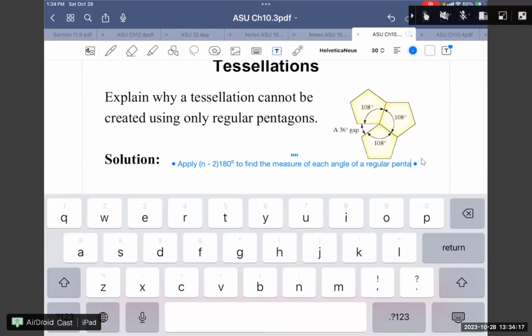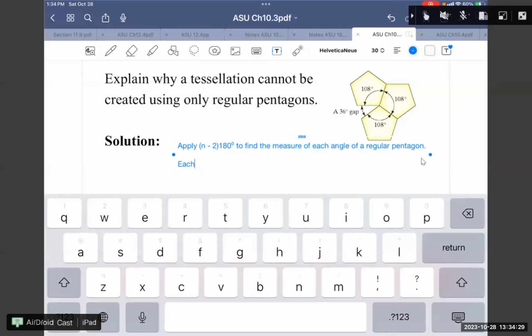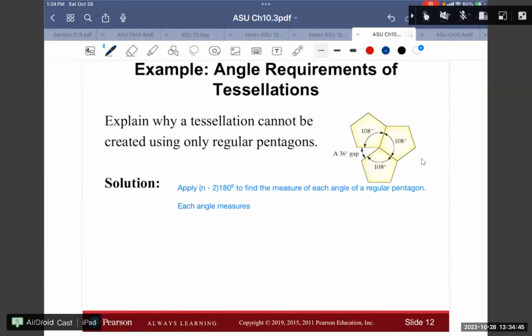A pentagon is 5, right? So we have (5 minus 2) times 180 over 5.